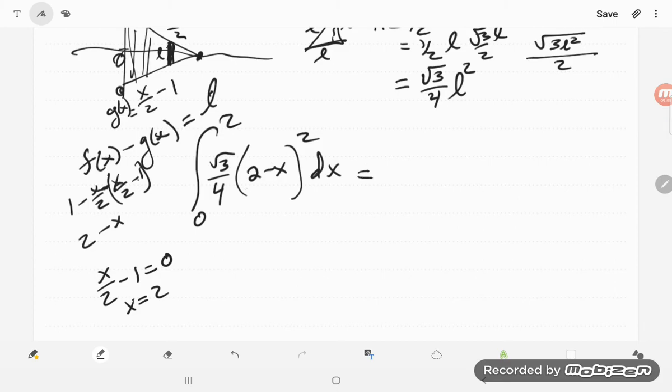We've got our base area times our height. And so, what the heck is that? I need to square it out, I guess.